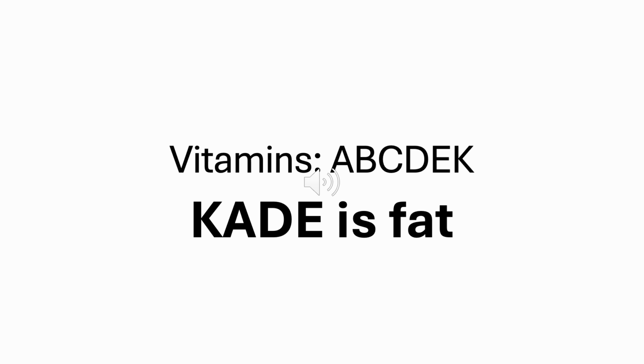So the only vitamins that you have left that are not mentioned are vitamin B and vitamin C. Those vitamins are, of course, your water-soluble vitamins. Water-soluble vitamins are actually excreted out of your body a lot faster than your fat-soluble vitamins.